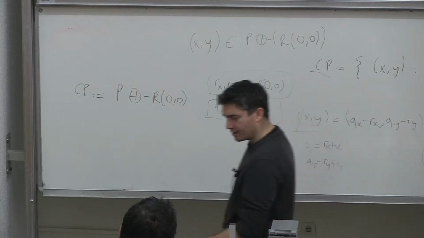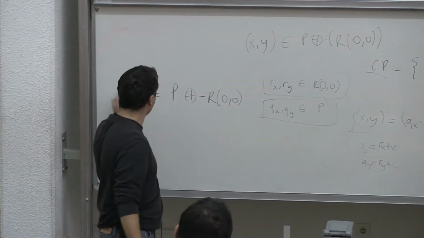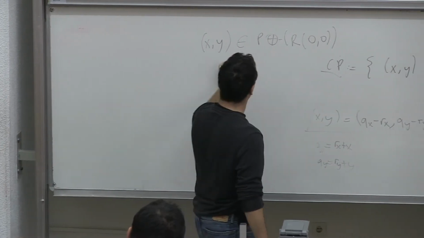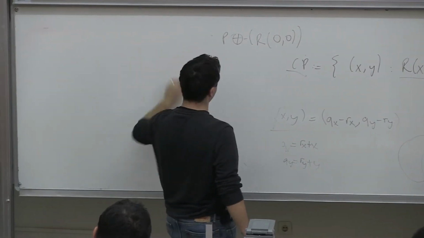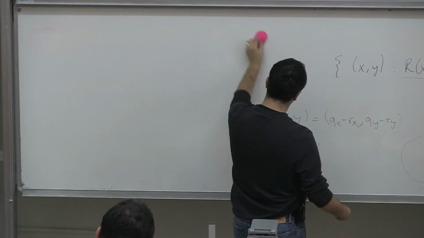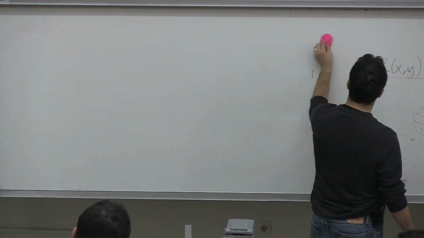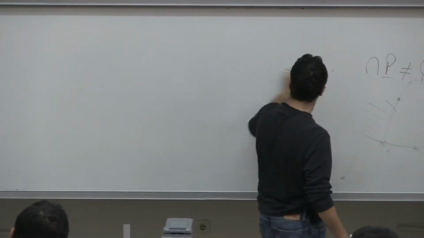And here, in order to compute the Minkowski sum, we are going to make use of an observation relating extreme points of the polygons.